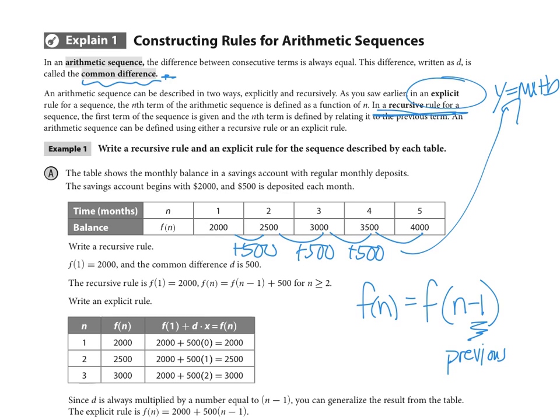I want the thing that happened before it. Then all we do is say, what do we do to that previous term to get the new term here? What am I doing here? I am adding 500. So all I do in this formula at the end is put plus 500. That's all you got to do.